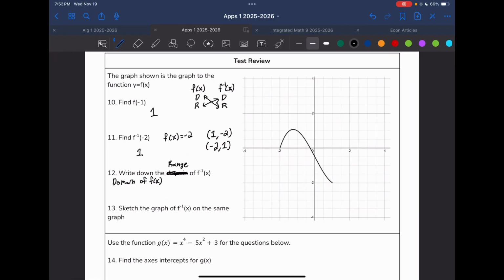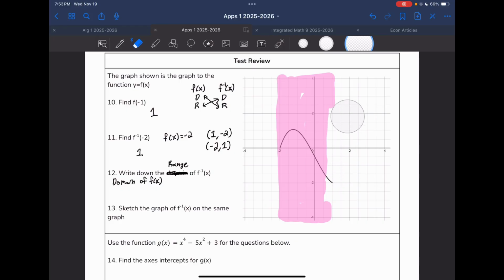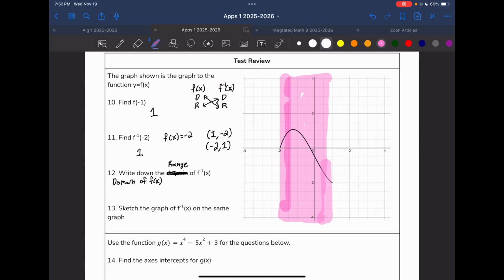And so where is the domain of the original function? That is right in this area here. I can clean this up a little bit better over there. Over here too. So ranging from here over to there, there's the domain of the original function.